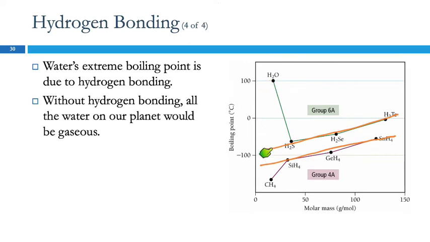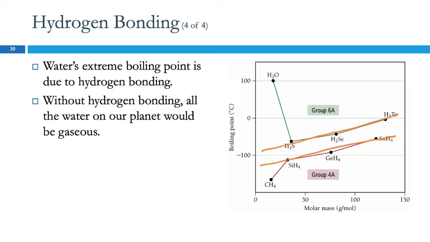We would expect it to be down here somewhere. It has such a high boiling point because of the hydrogen bonding that holds it together. And with these guys, what we see is that the methane goes with a much lower boiling point because it's very nonpolar.